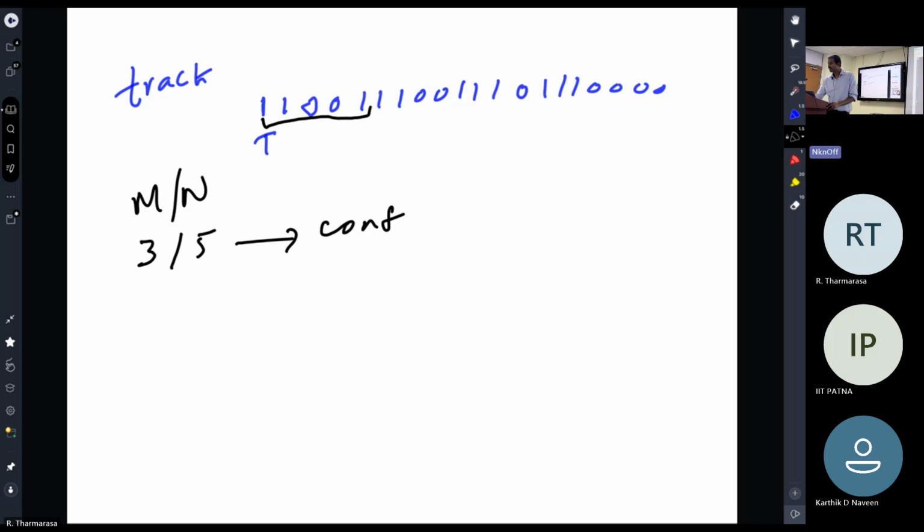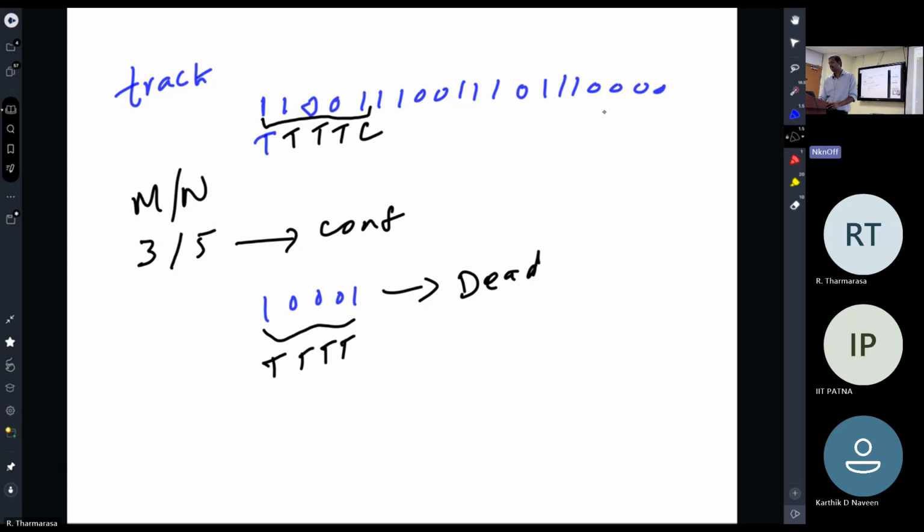So now, for an example, if I have a sequence like this, what do we do? In this case, it becomes T, T, and confirmed. Clear? After this, it won't have any value because it can't continue after that.